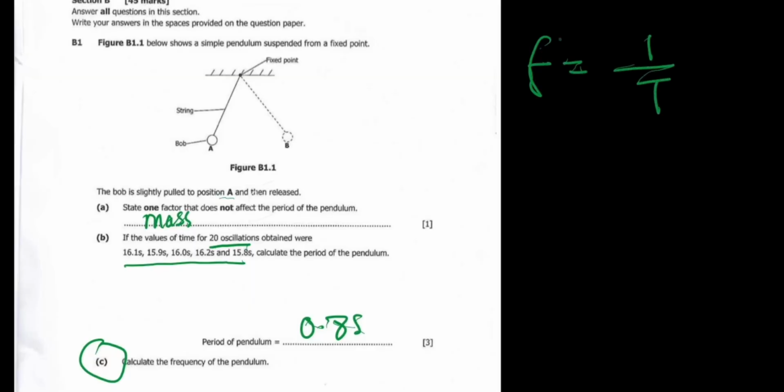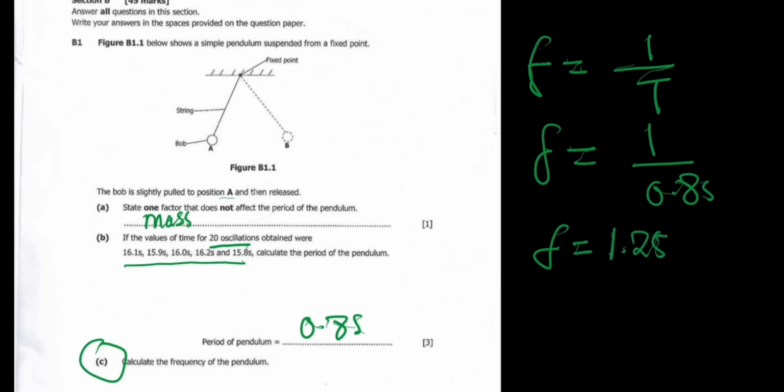Frequency is equal to 1 over the period of the pendulum. Since we have the value of T here, we can go ahead and find the frequency. So the frequency is going to be 1 over 0.8 seconds, which is going to give us 1.25 hertz. So this is our frequency.